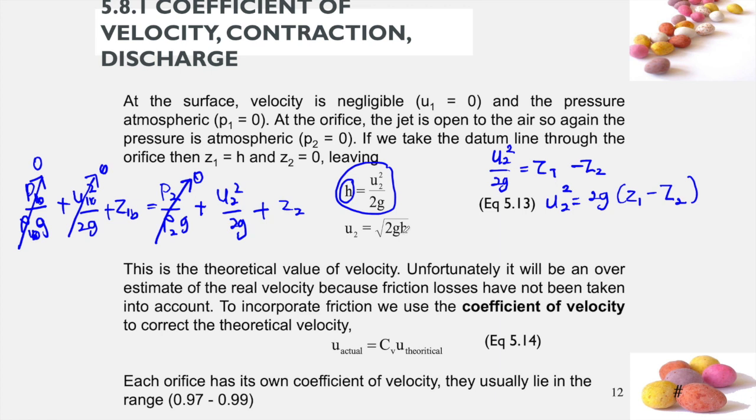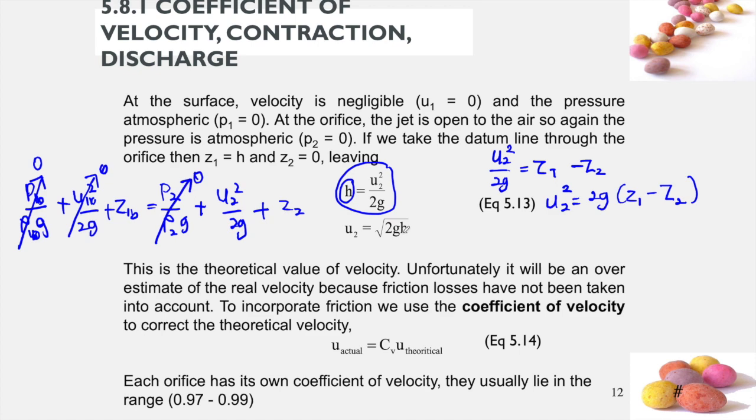If you want to calculate the velocity by using the equation, that is your theoretical velocity, because you calculated it based on the data given to you. Then you will get the values of u. Okay, that is theoretical velocity.